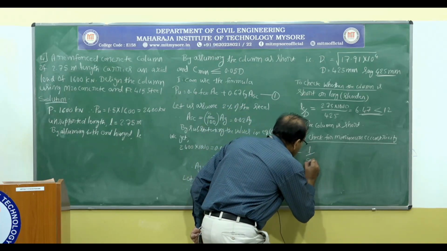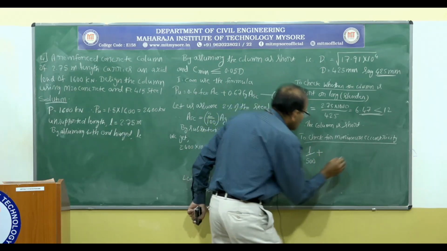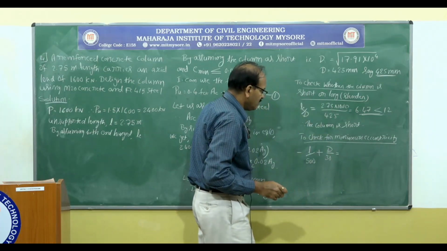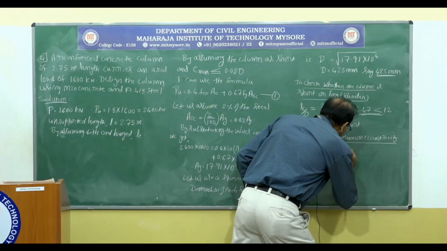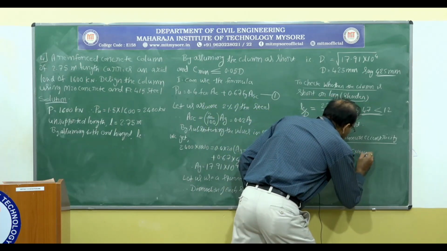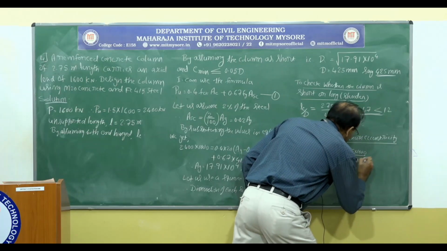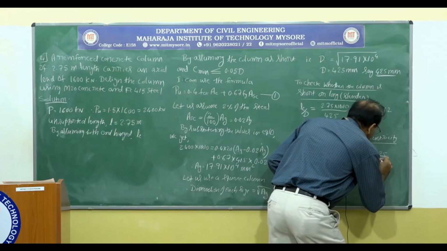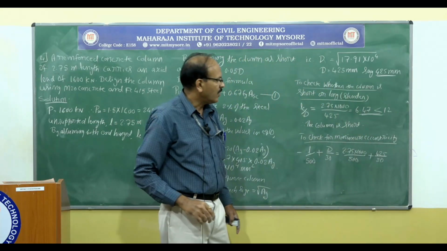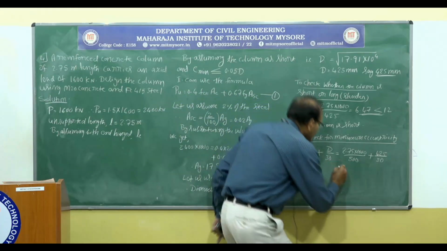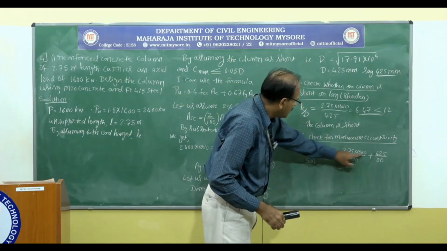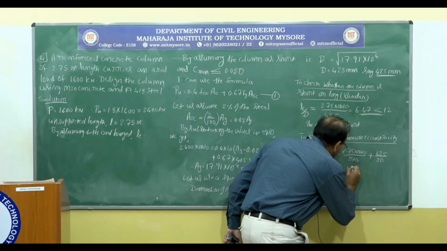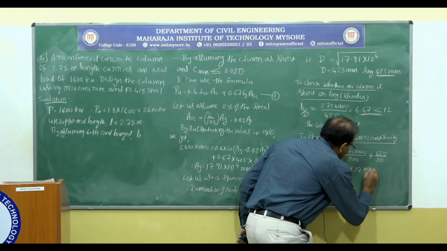L by 500 plus D divided by 30 equals, what is L? 2.75 multiplied by 1000 divided by 500 plus, what is D? 425 divided by 30. So that is 5.5 plus 14.17, that is 19.17 millimeter.